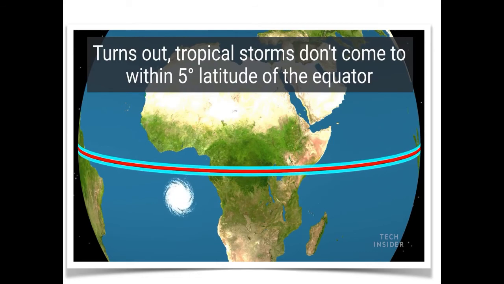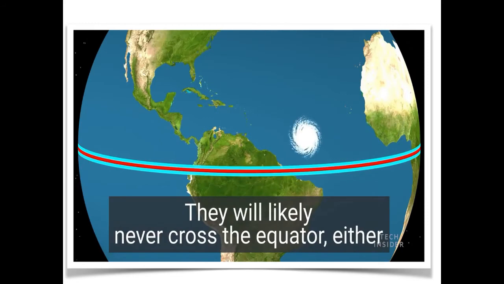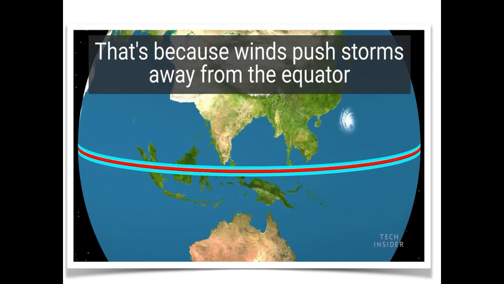Usually you don't get any cyclones or storms in the equatorial zones within 5 degrees latitude, because cyclones never cross the equator. This is how they move. These are compensated zones, because strong winds push the cyclone away from there. It doesn't allow the cyclone to come to the equatorial zones.